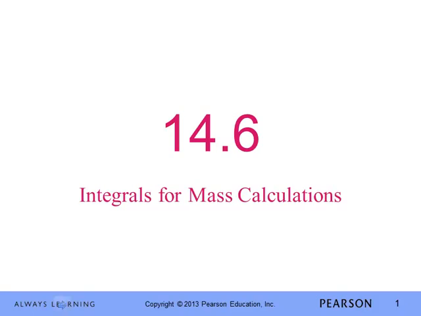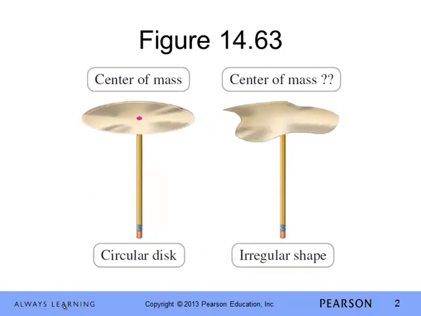When we talk about center of mass, we're talking about some object, whether it's one-dimensional, two-dimensional, or three-dimensional, such that when you put a sharp fulcrum or pivot somewhere on it, at that center of mass location, that object is perfectly balanced.